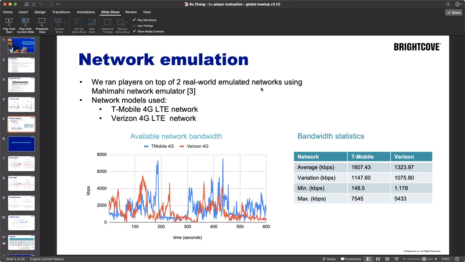As we can see, the bandwidth is low, and the average bandwidth is about 1 to 1.6 megabits per second for both networks. We can also see that the bandwidth fluctuates significantly over time.